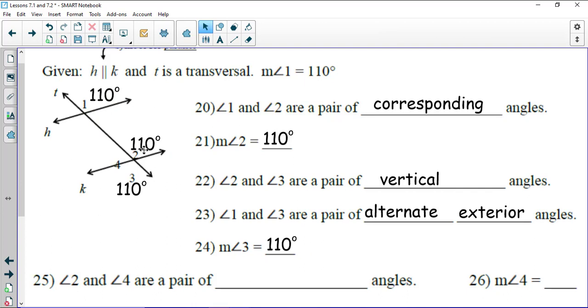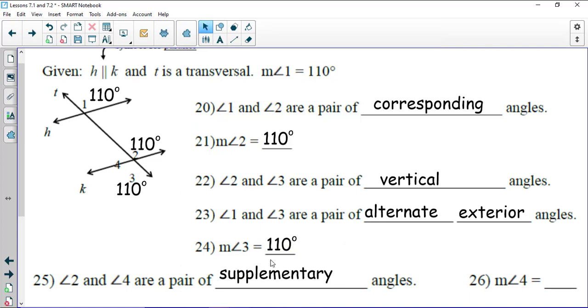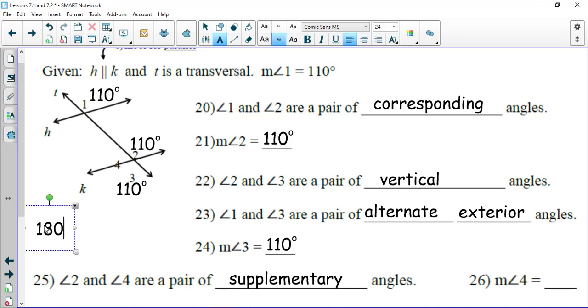Now, angles 2 and 4 are right next to each other. They're adjacent angles, and they're on a straight line, which means that they are supplementary angles. And we know that supplementary angles add to 180 degrees. So if I want to find the measure of angle 4, I need to take 180 and subtract off 110, and that will get me 70 degrees for the measure of angle 4.